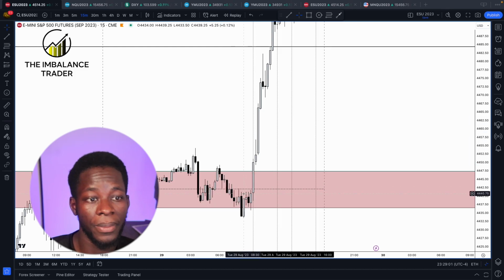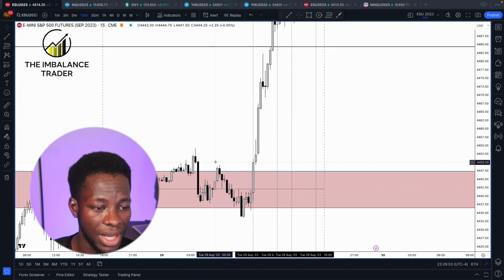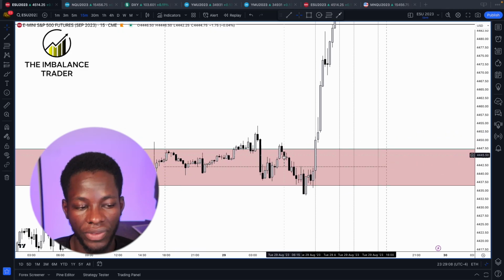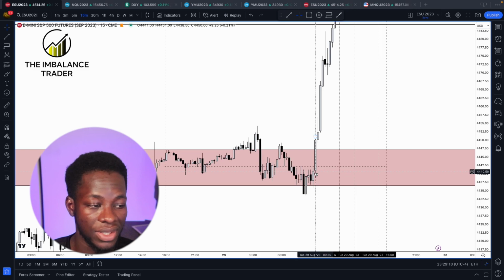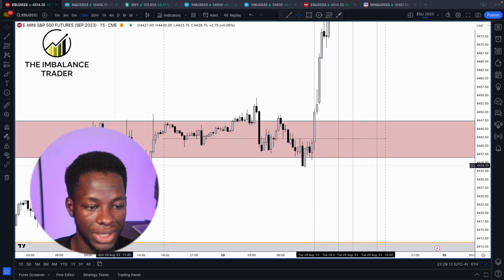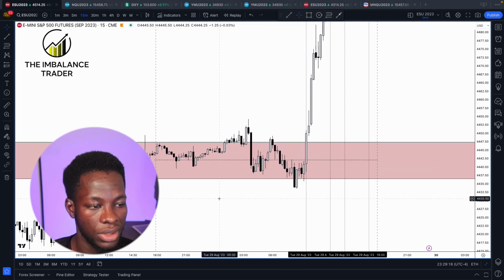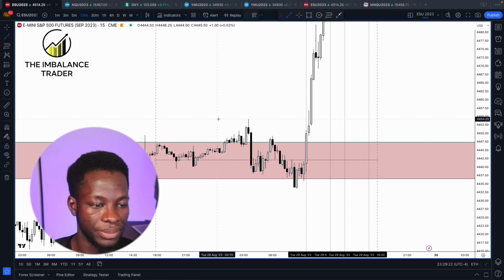We'll keep an eye and analyze how price reacts to that encroachment, and if after the opening bell it is going to give us something. So at 9:30 this is where we open now.